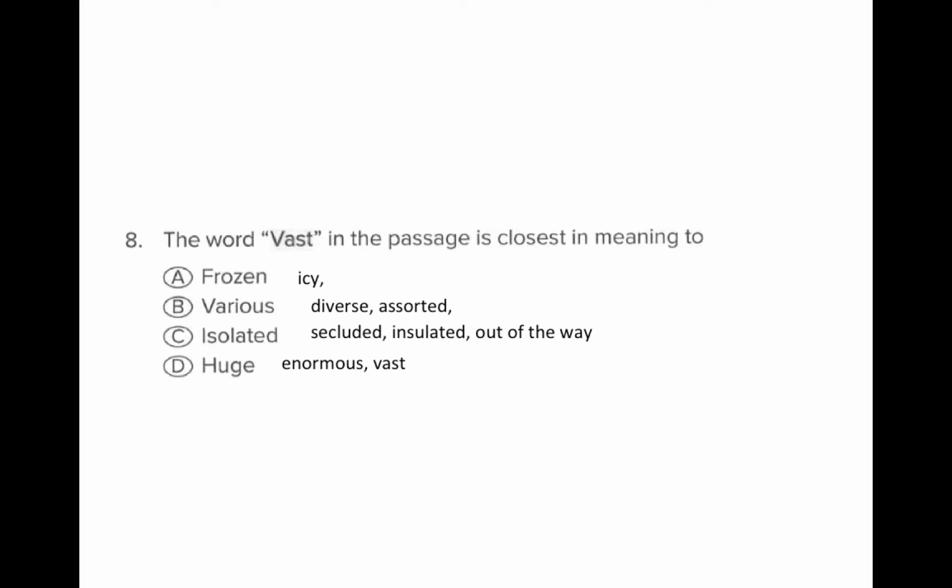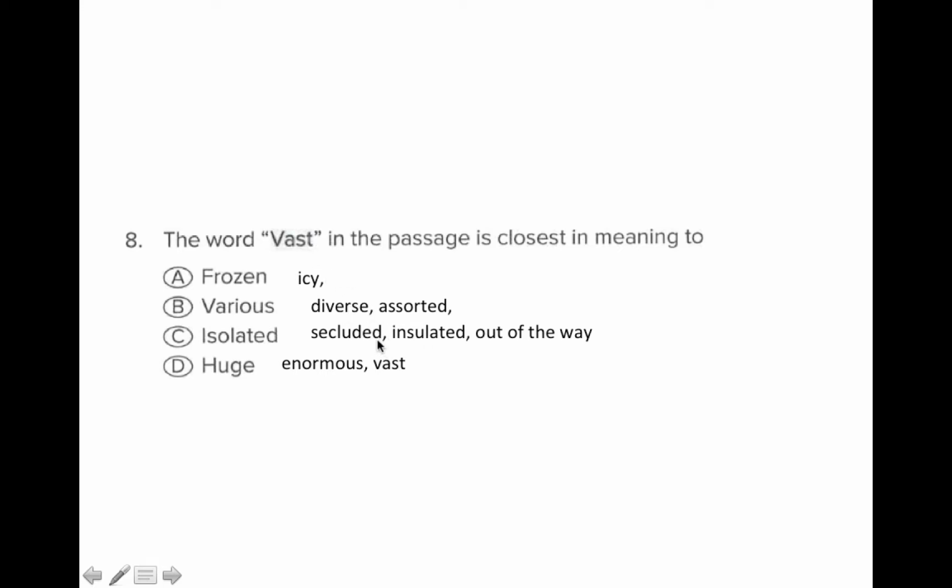So for example, with frozen, I can't really think of other words that are related in meaning to frozen. Maybe icy, but other than that, there's not a lot. With various and isolated, those two words are already pretty academic. I can't think of a lot of other academic words or more academic words that are related in meaning, but I looked some up.